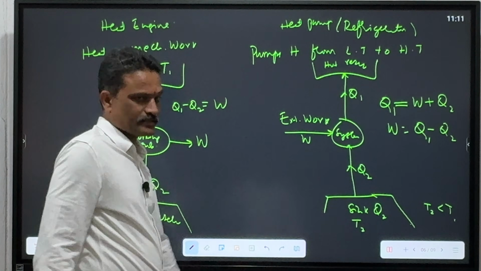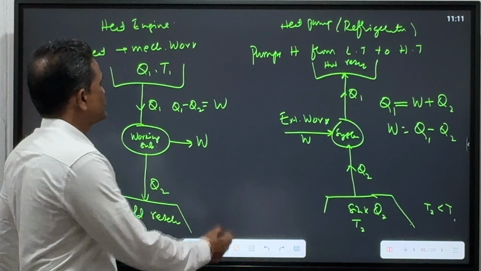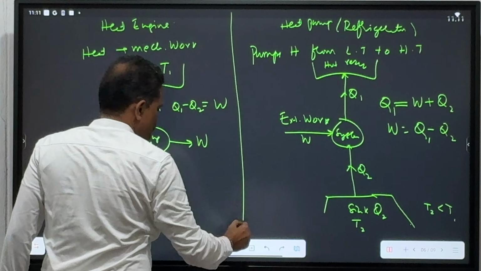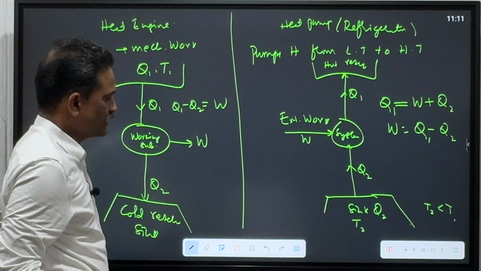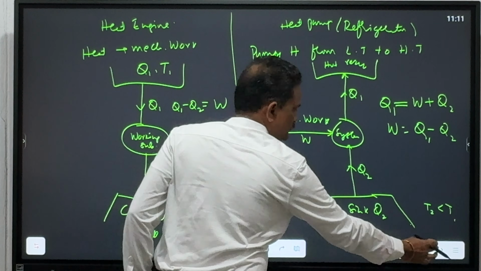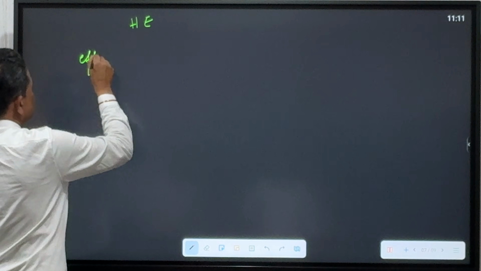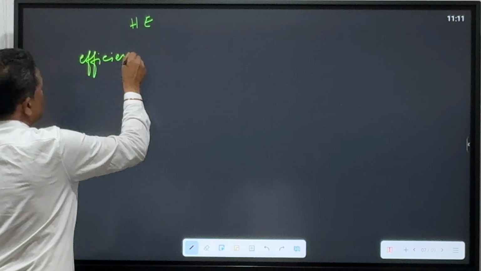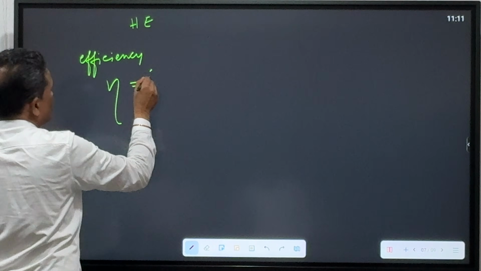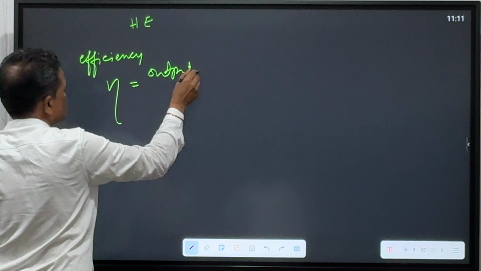So these are the differences. You have to write at least 5 to 6 differences. What are the other differences? In the case of a heat engine, efficiency eta is equal to output by input.